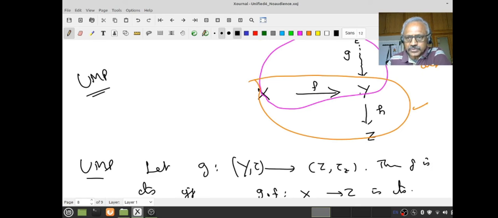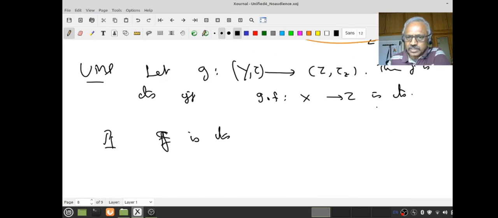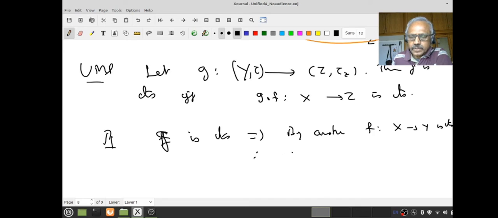Therefore this is a composite, G composite F. By construction, F from X to Y is continuous, therefore G composite F from X to Z is continuous.